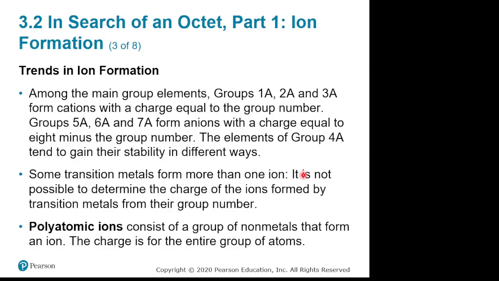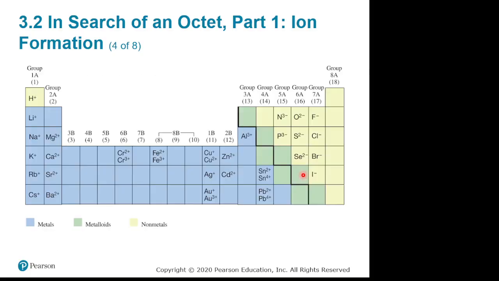They're going to form an ion together, and so the charge is for that entire group of atoms forming the polyatomic ion. You're going to see this happen a lot with oxygens, where you have NO something, CO something, ClO something. Okay? And it has quite a few different varieties.